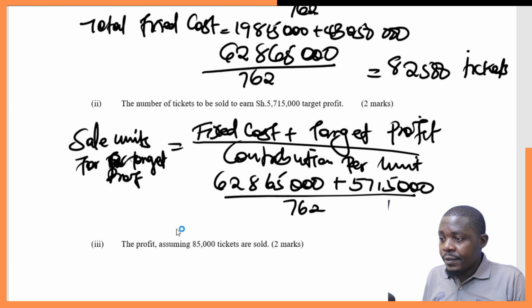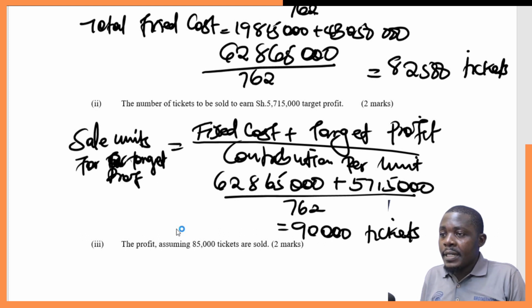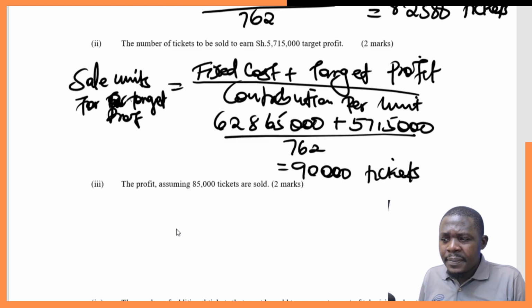We have 90,000 tickets. The number of tickets to be sold to make such a profit is 90,000 tickets.